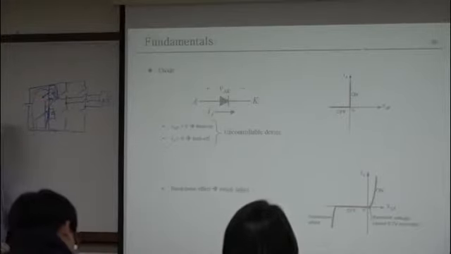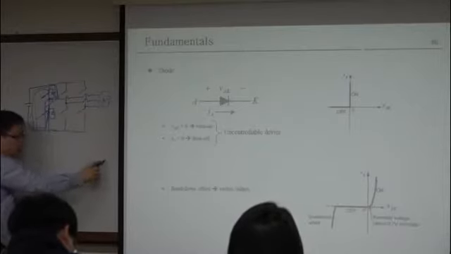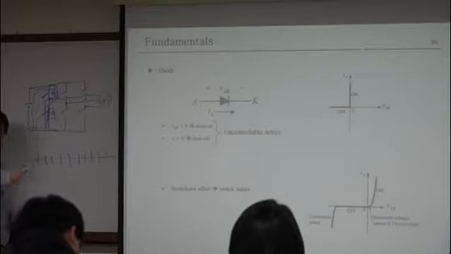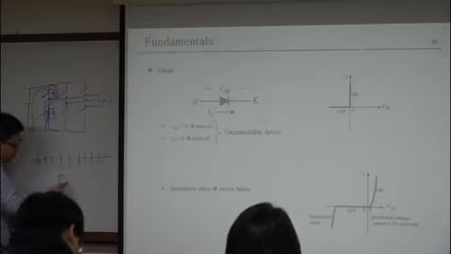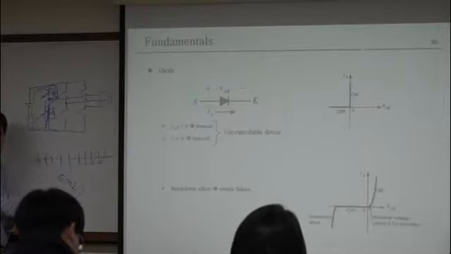Because of this, you see the switching noise. When you measure the voltage or current, you see this kind of switching noise. That is not just noise. That is a real fluctuation. And it creates what? EMI, electromagnetic interference.